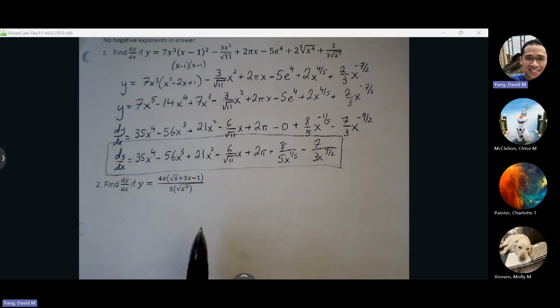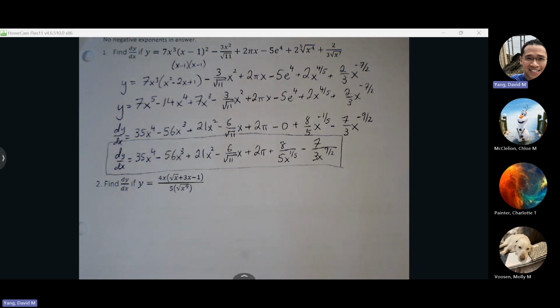Right, number 2. The instructions for this problem are use power rule only, no product rule, and no quotient rule.